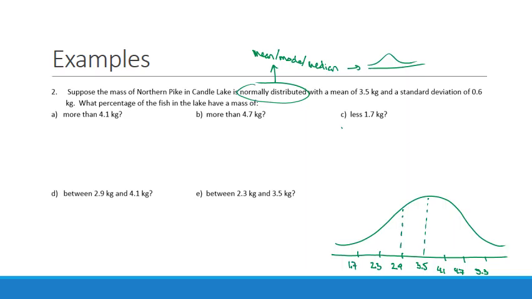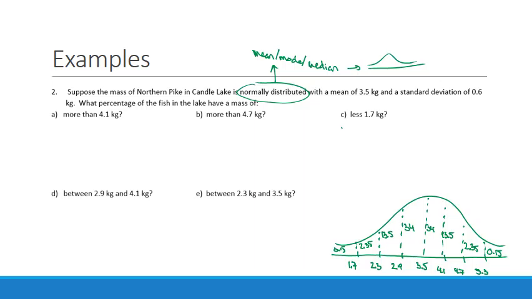And I'm sure you're getting tired of this, but we're going to write these percentages down. 0.15, 2.35, 13.5, 34. And why? Well, you'll see here in a minute. 34, 13.5, 2.35, 0.15.